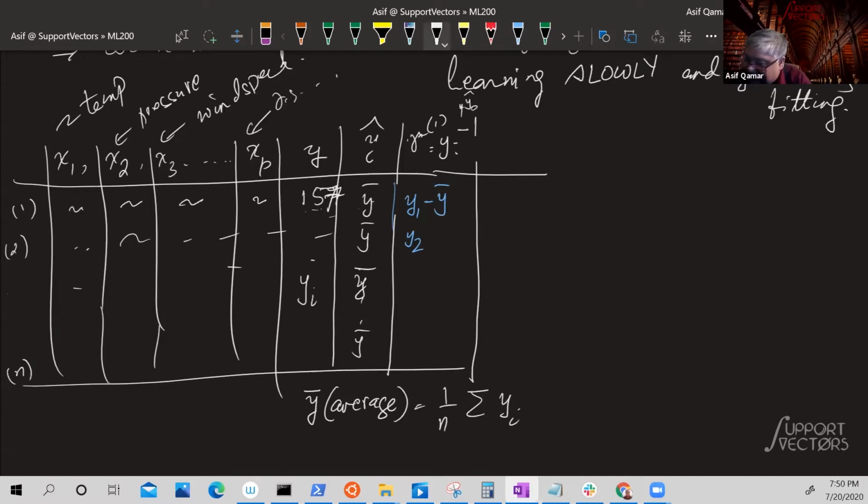Because we use subscript for the data point, let me just use 0 at the top. Y1 minus y bar; the ith data point is yi minus y bar. As simple as that. I'm not doing any magic here. I'm just writing y3 minus y bar, yi minus y bar, yn minus y bar. This is the residual.